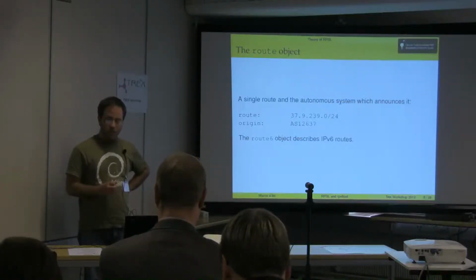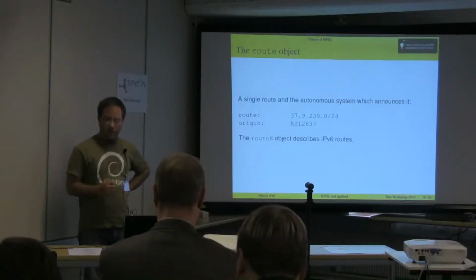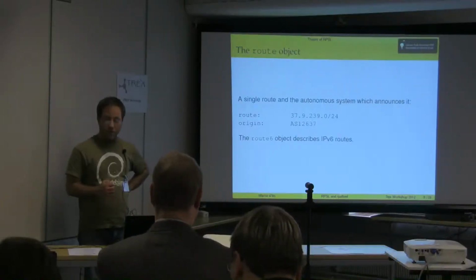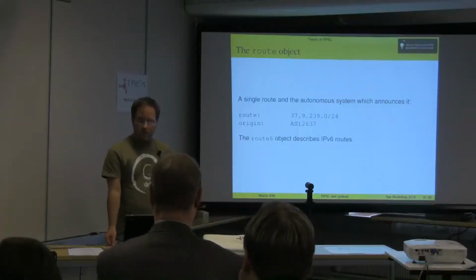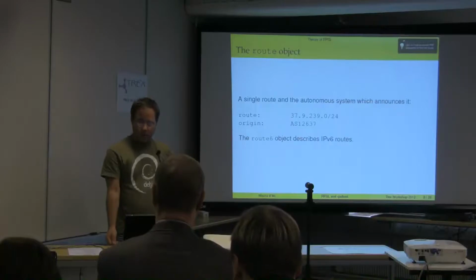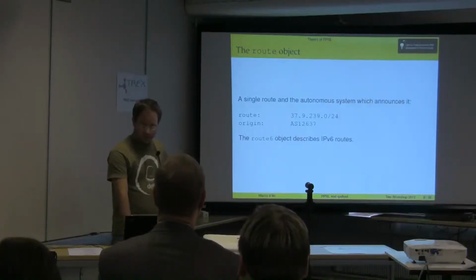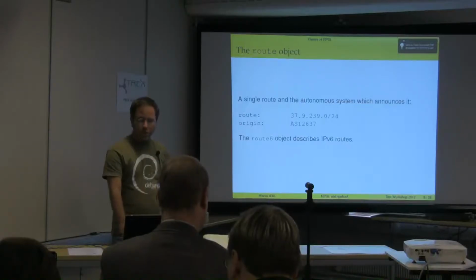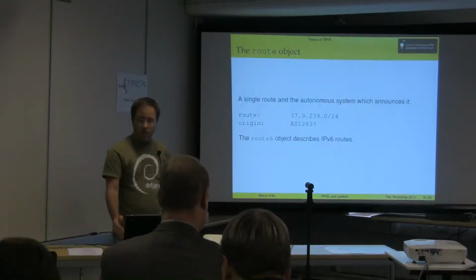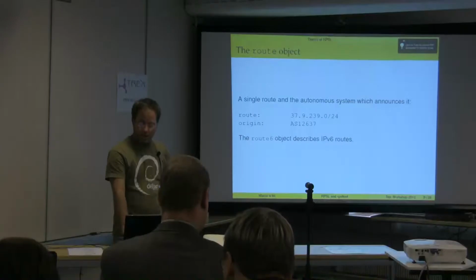So when you see a route object, you can be quite sure that the information it contains is trusted. So you can use this to generate accurate prefix filters for your peering sessions, or to validate what routes your customers should be allowed to announce.